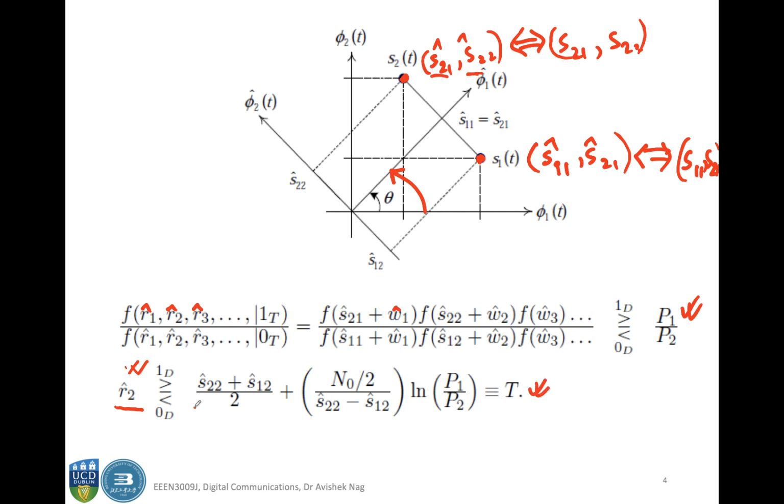And the value of the threshold is given in terms of all the quantities that you know already. You know the a priori probabilities, you know N0, the noise power spectral density, and you also know the coordinates of the signals in the transformed axis. So you can write this expression for the threshold, and you can just check whether your R2 hat is greater than this threshold. If so, then you decide a 1, and if it is less than, then you decide a 0.